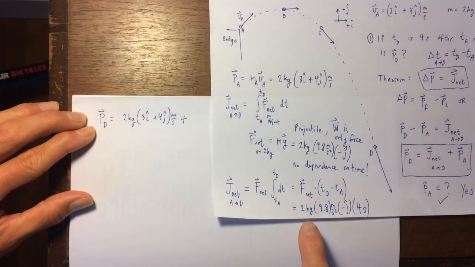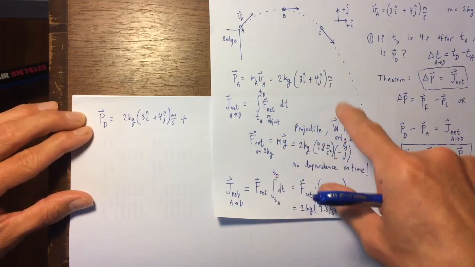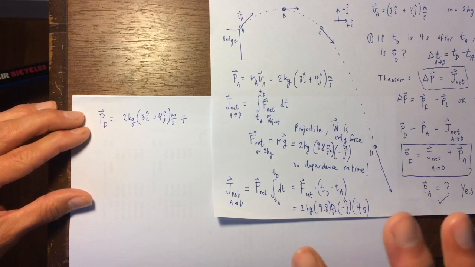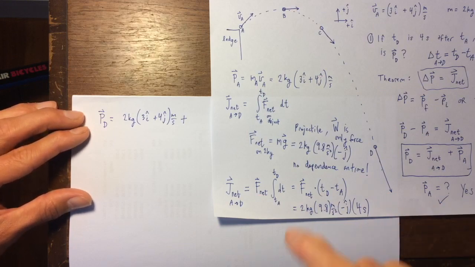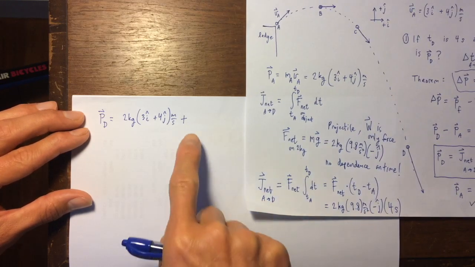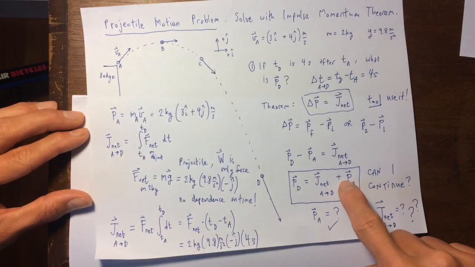J net is this business right here that we calculated. We had to think about net forces and stuff. We had to still be a physicist, even honestly referring to Newton's second law for a minute there, or at least the free body force diagram for it. So we just have to fill in this. You can see it has its own minus sign, but the instruction is to add it.